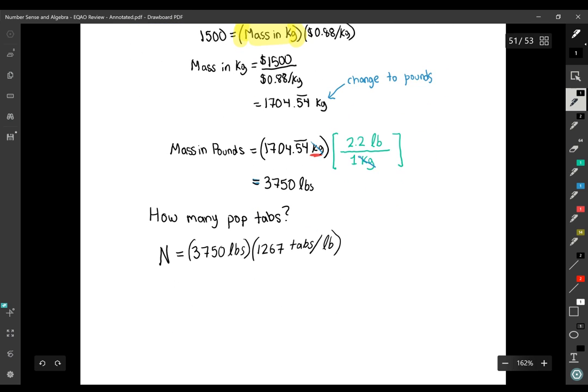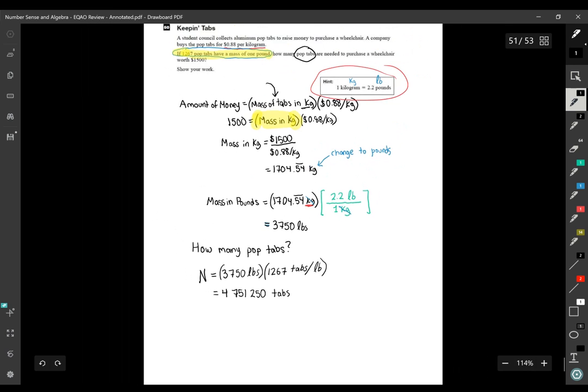So if I multiply these two together, I'm going to get an answer. 3,750 times 1,267. I get a very large number, just to be expected. I get 4,751,250 tabs.